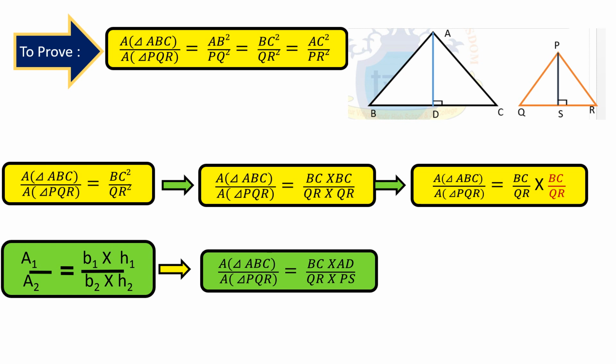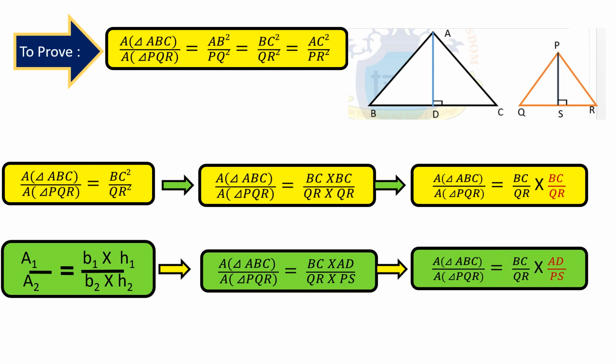For triangle PQR, QR is the base and PS is the height, which I can also write as area of triangle ABC upon area of triangle PQR is equal to, I'll just separate them, BC upon QR into AD upon PS.